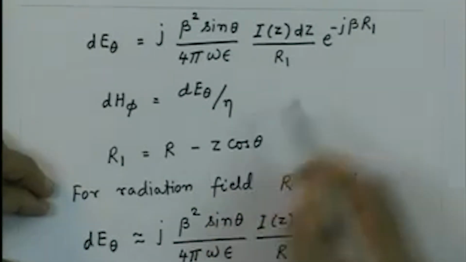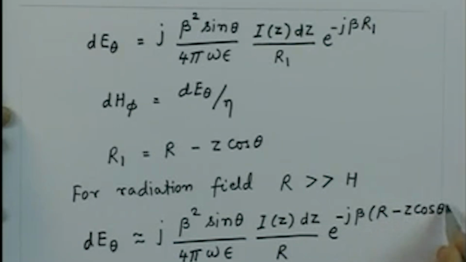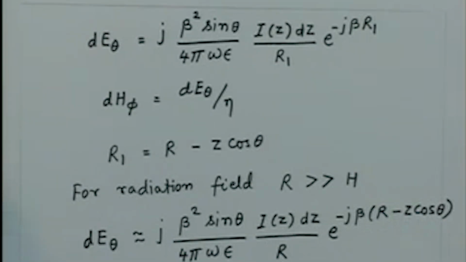I am replacing r1 by r in this, and this will be e to the power minus j beta (r minus z cos theta). So, now all these quantities are not function of z except this phase term and this current distribution now.